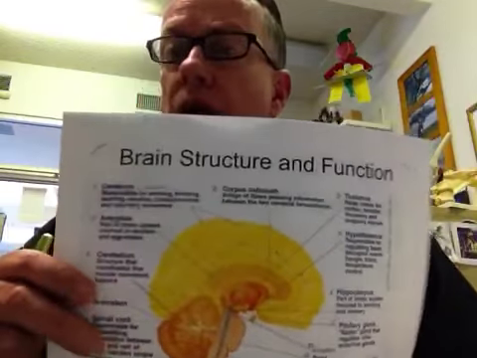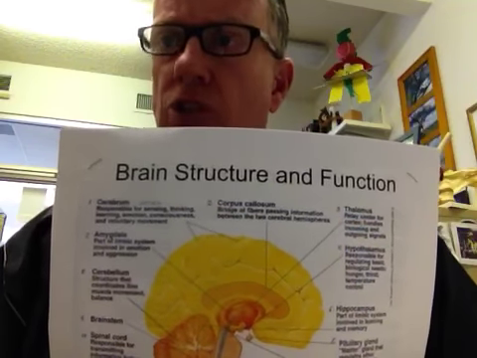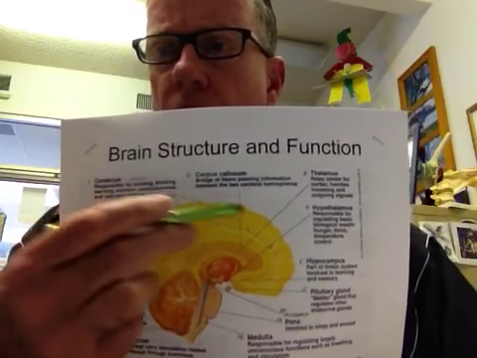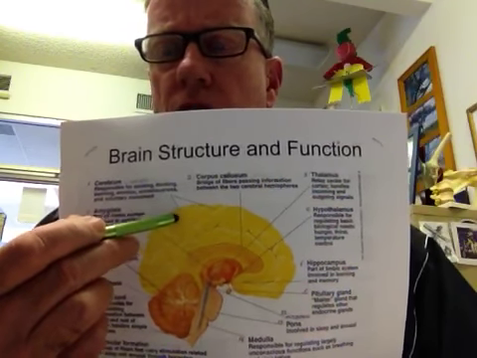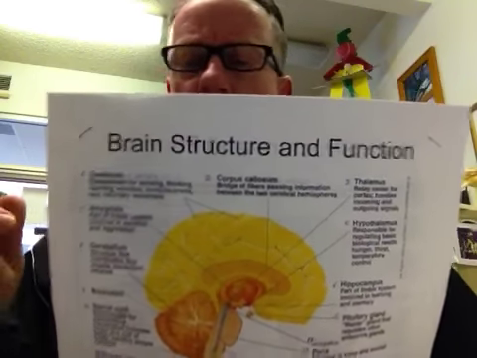As I indicated to you, the site of the pathology, whether it's injury or illness, wherever that occurs in the brain, if it's located in that particular part of the brain, you're going to have similar symptoms.